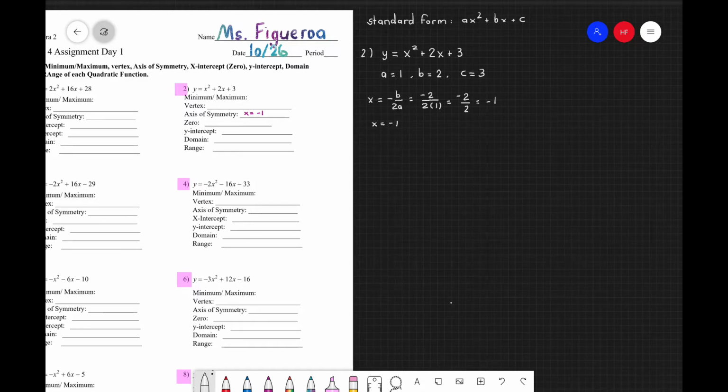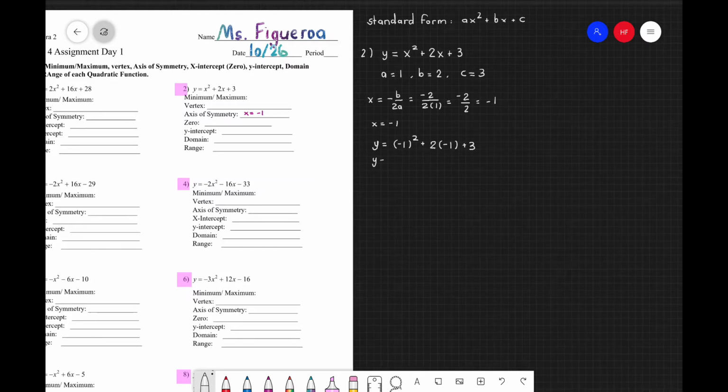So in order to find the y of the vertex, I'm going to plug in that x value. So y equals negative 1 squared plus 2 times negative 1 plus 3. So I'm plugging it into the original equation to find the y value.